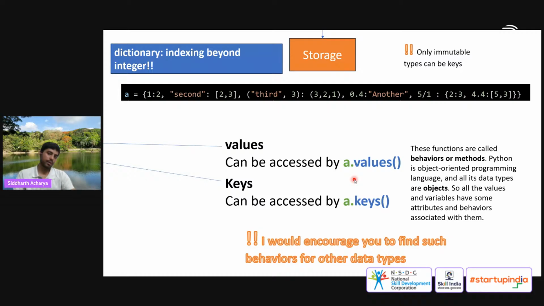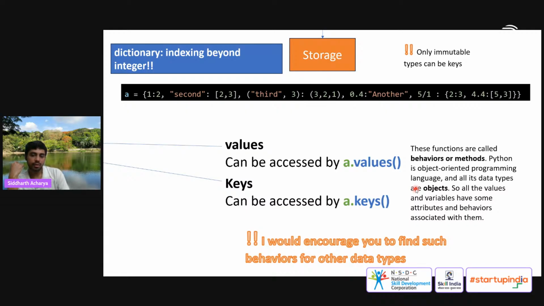But currently, what we are interested in is, what are these functions? These functions are behaviors which are associated with the dictionary object. So dictionary is actually an object. All the data types are actually objects, or rather classes, in Python.